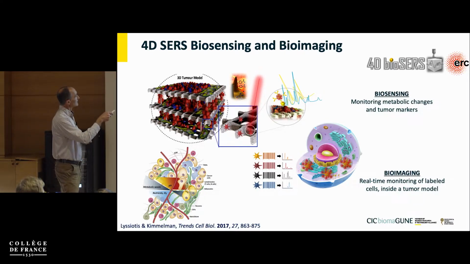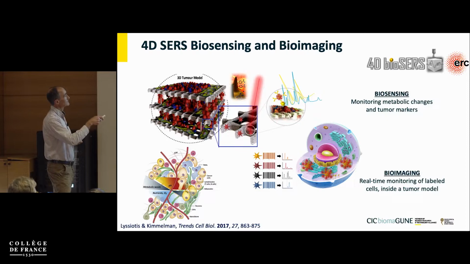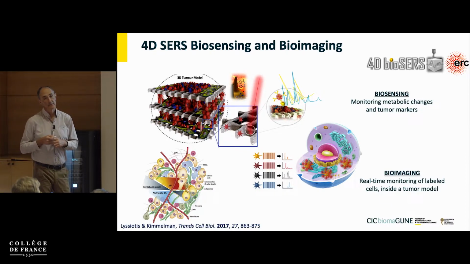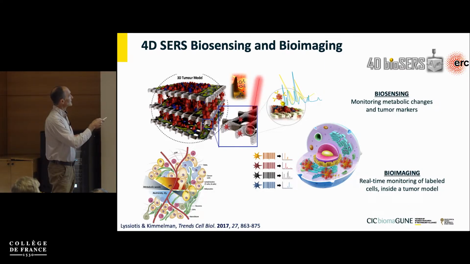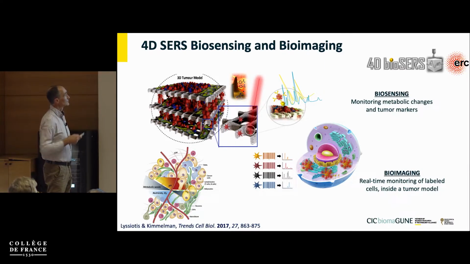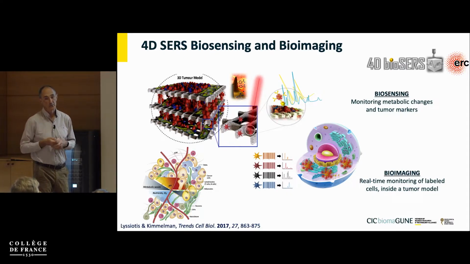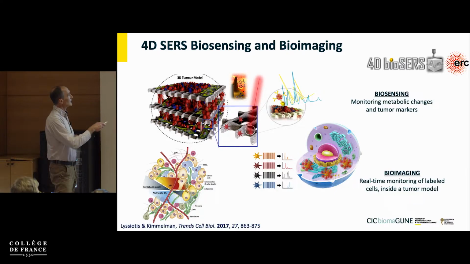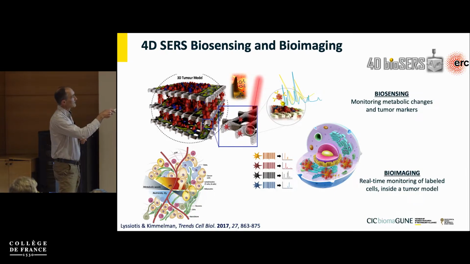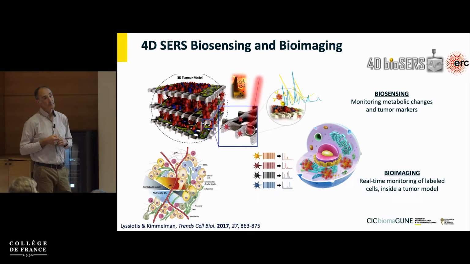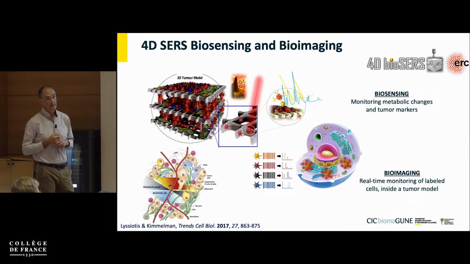One is building biocompatible scaffolds by 3D printing, which would be made of hydrogels that will be affine to the growth of the cancer cells and other components of the tumors, and will carry inside plasmonic nanoparticles so that you would be able to do sensing of biomarkers related to the activity of the tumors.